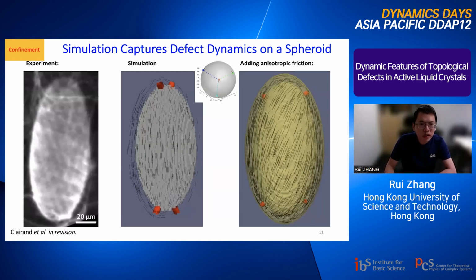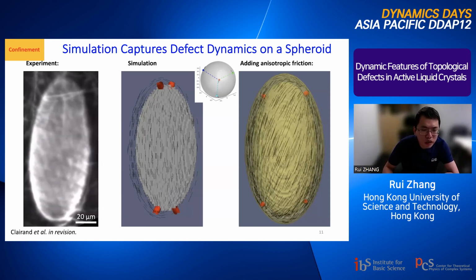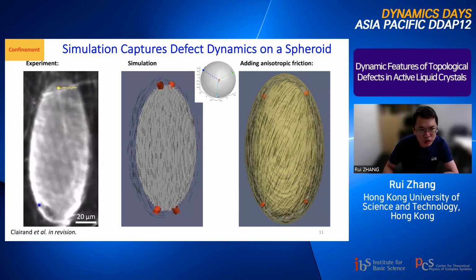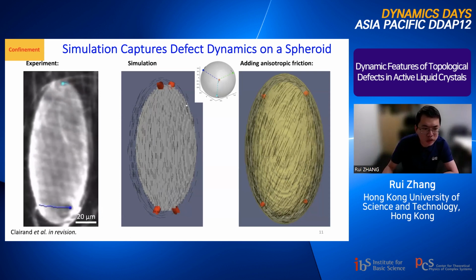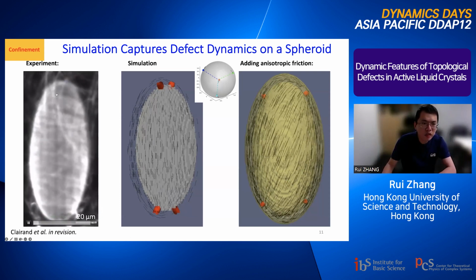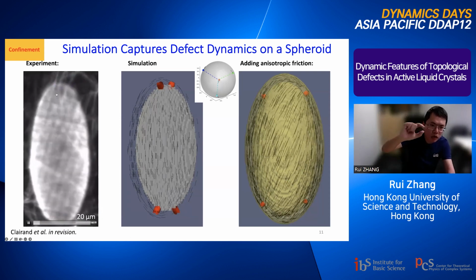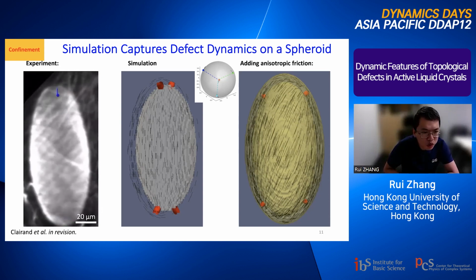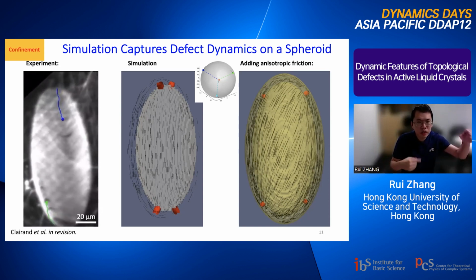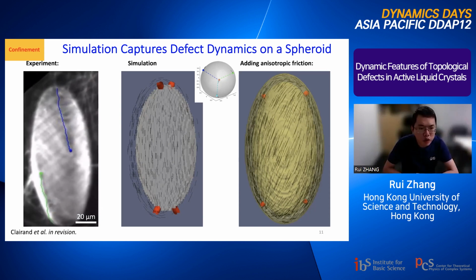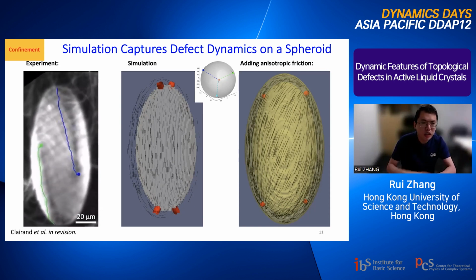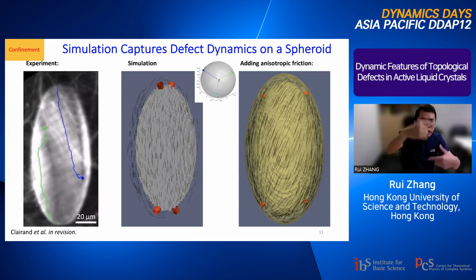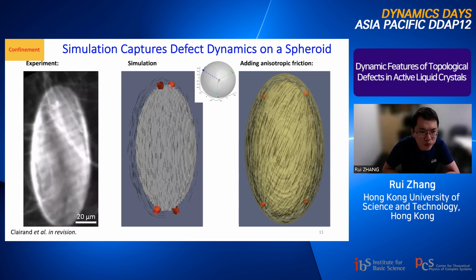And it turns out that our model can reproduce the trajectories of the experiments. So as you can see, the 4 defects form 2 pairs. These 2 pairs are nearby the 2 poles. So they spiral near the poles, and occasionally they stop spiraling and then they move longitudinally to exchange positions.